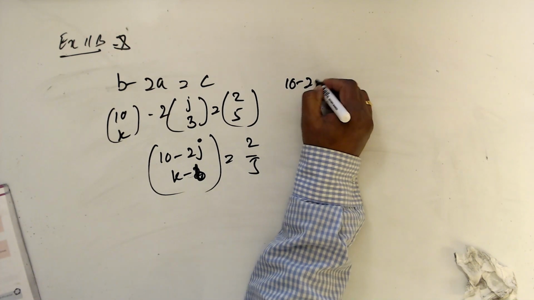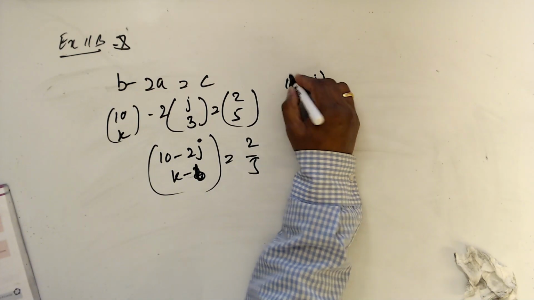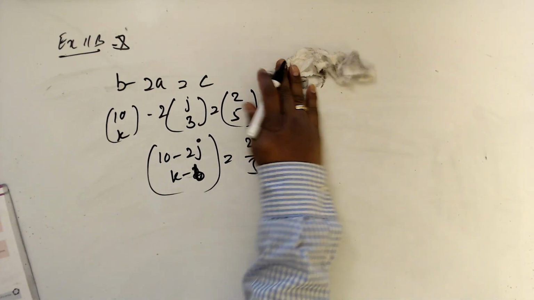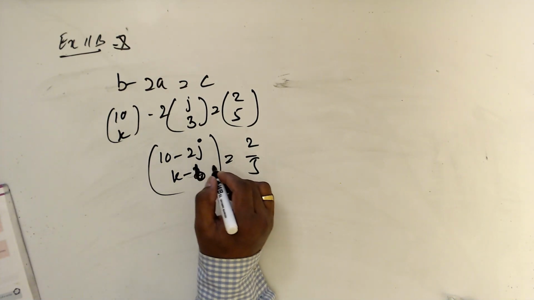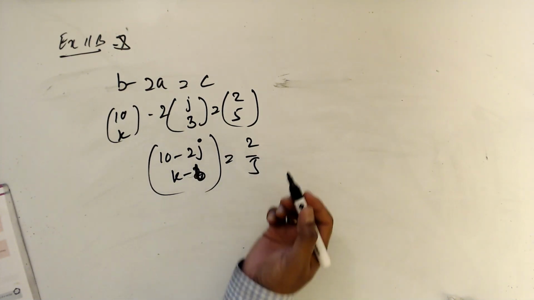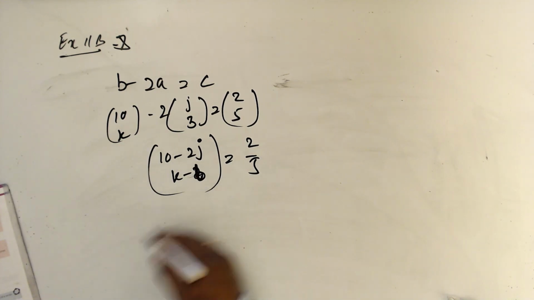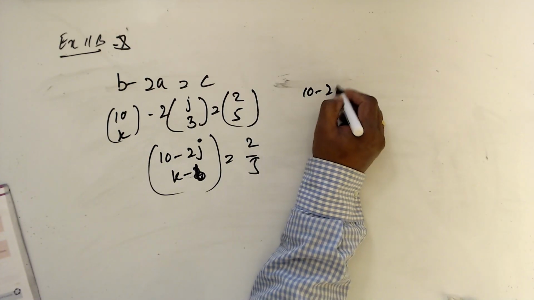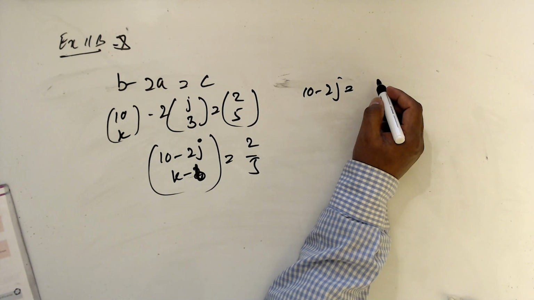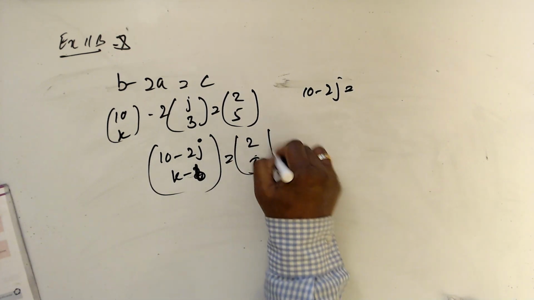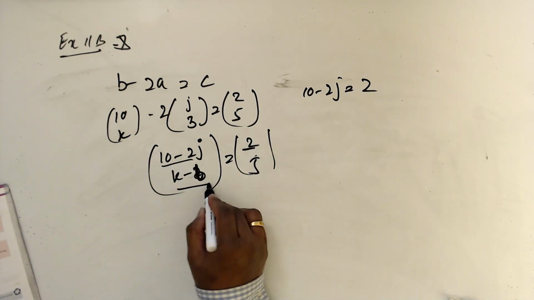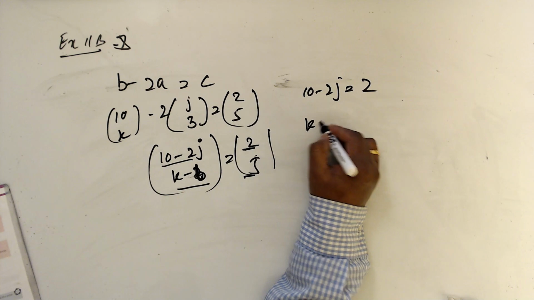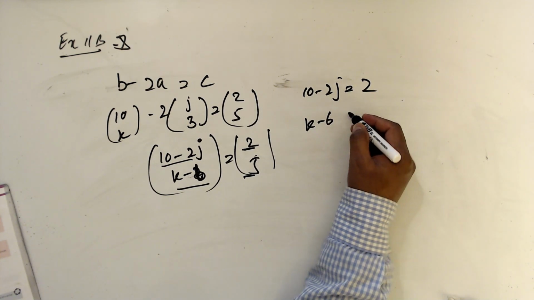I'm not going to write with i, there is a bad letter, j. So this is going to be 10 minus 2j equals this. The i component should be equal separately and the j component should be equal separately.